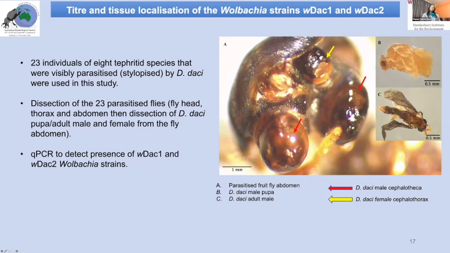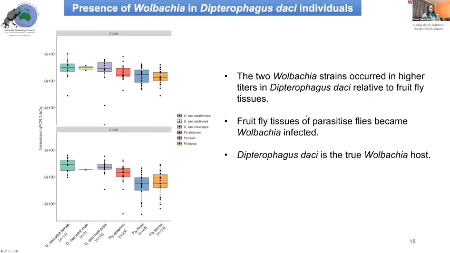Our qPCR results show that yes, the two Wolbachia strains occurred at very high titers in the DDC tissues relative to the fruit fly tissues. And the fruit fly tissues that were parasitized were also Wolbachia infected. This actually confirmed that DDC is the true Wolbachia host.